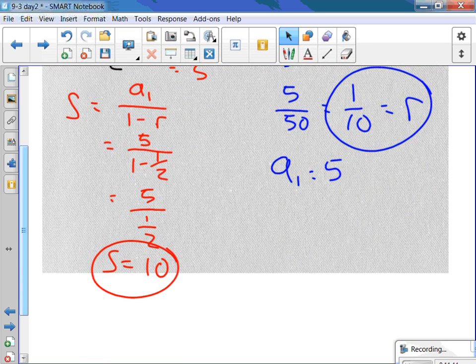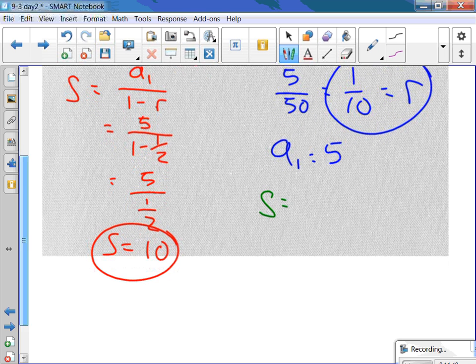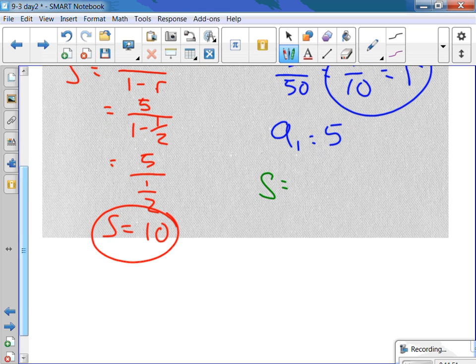So our S, again, A1 over 1 minus R, 5 over 1 minus 1/10.